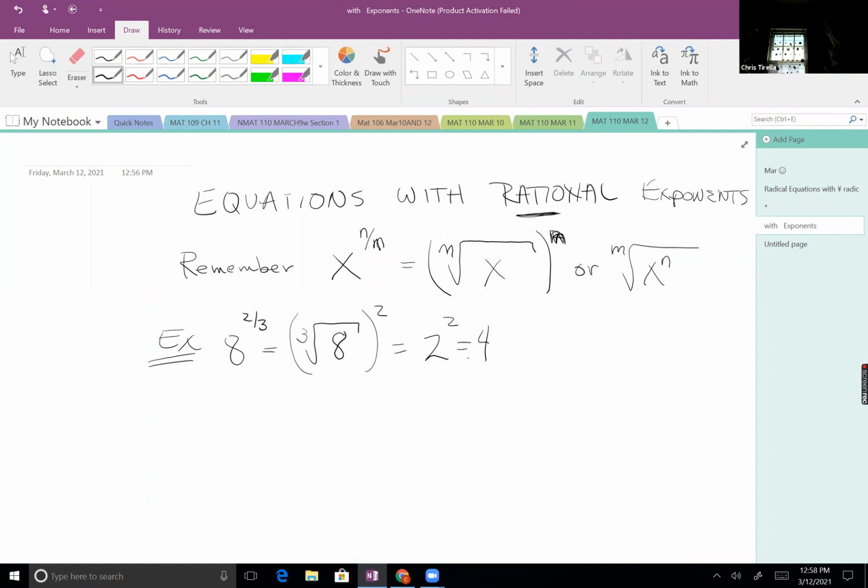Sure. Next thing you have to remember is, if I have a power to a power, does everybody remember we multiply those exponents?